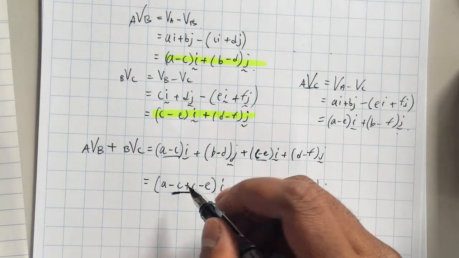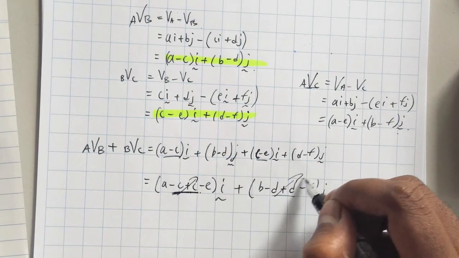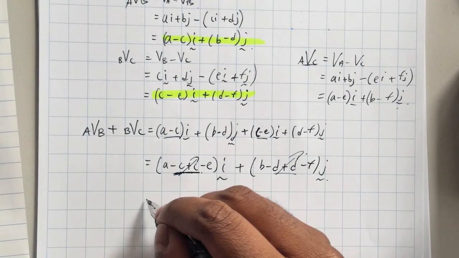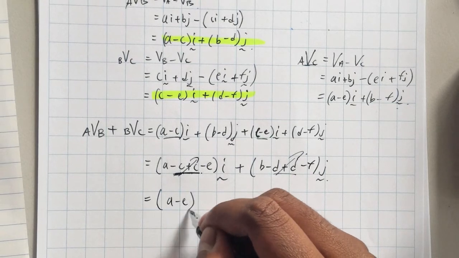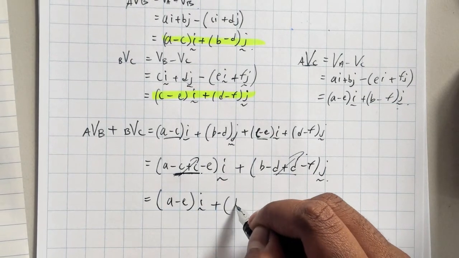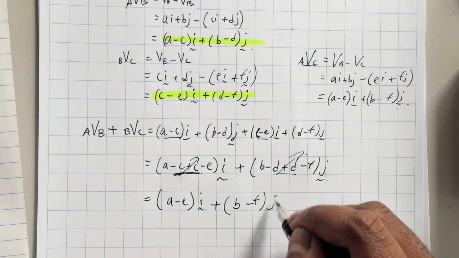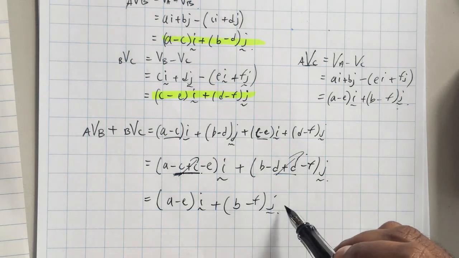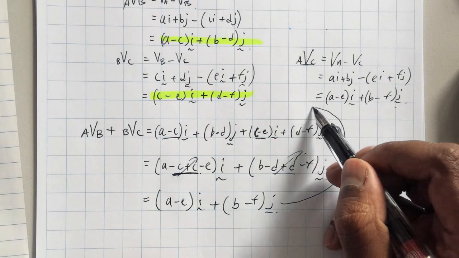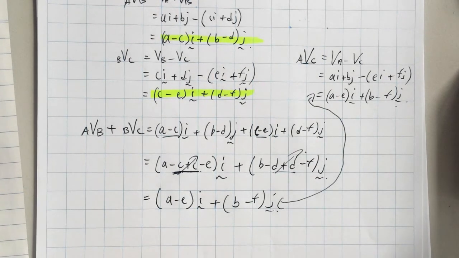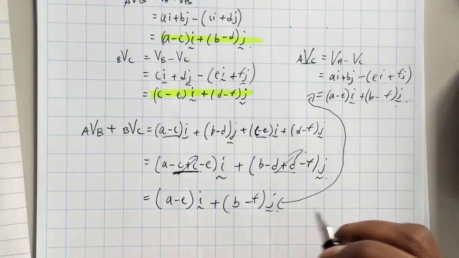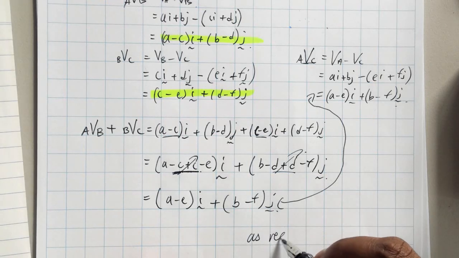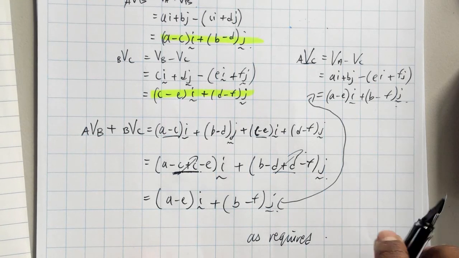So in other words, these two terms cancel out. I'll be left with A take E plus B take F, which lo and behold looks exactly the same as A relative to C, as required. Thank you very much.